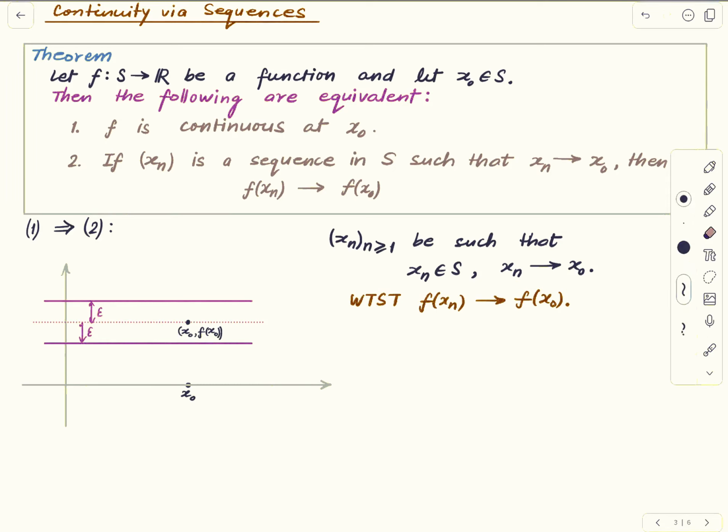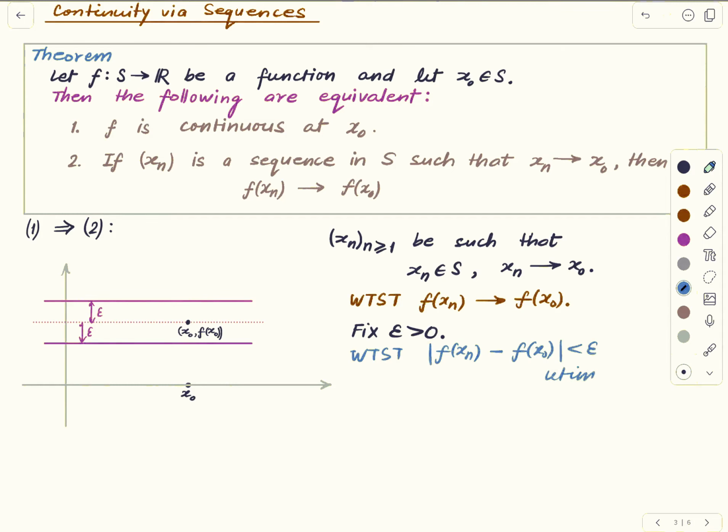To reduce this goal down further, we need to fix epsilon greater than 0. And now what we want to show is that this happens ultimately. So I've just used the definition of convergence. So this is what we will do.